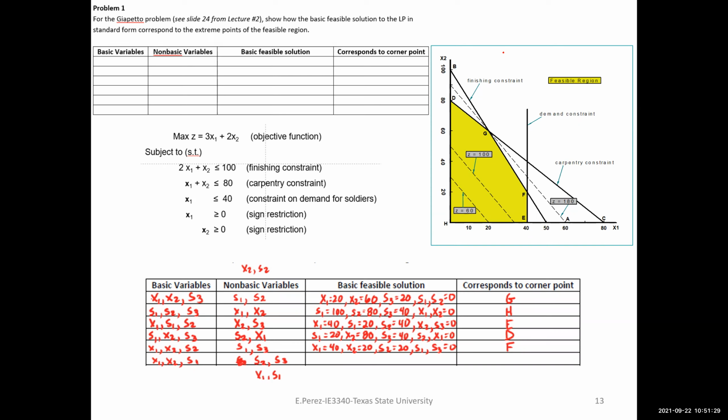If I assign S1 and S2 equal to 0, these are my non-basic, and I can solve for the rest. Then I have values for X1 and X2, and by looking at the plot, I can identify which point is associated with 20 and 60. That will be point G.